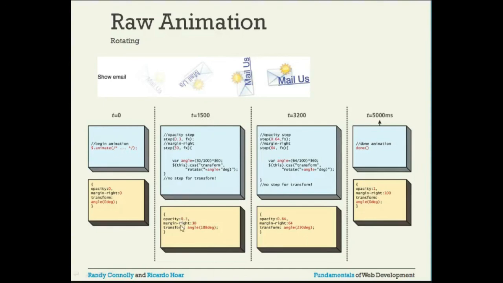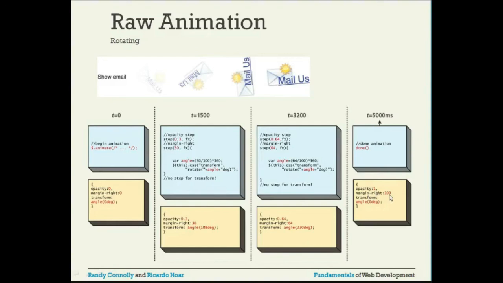These are the parameters that are calculated. At time 3200 milliseconds, the opacity has increased to 0.64, the margin to the right has become 64, and the angle has increased. When the animation completes, at the duration given as 5000 milliseconds, that is 5 seconds, you will have the opacity at 100% or 1.